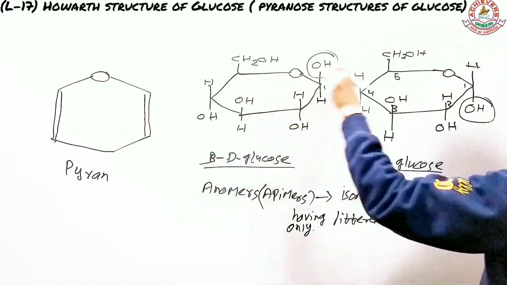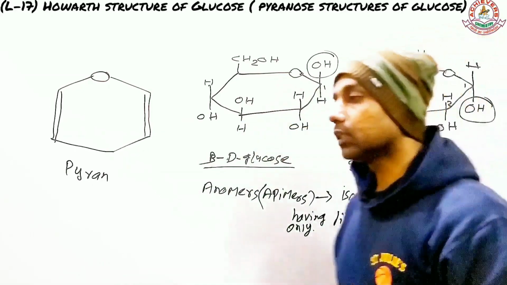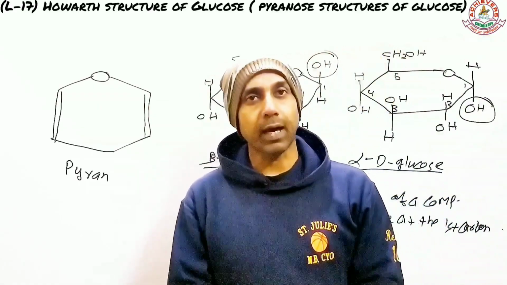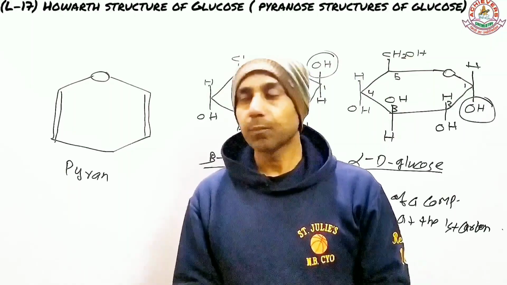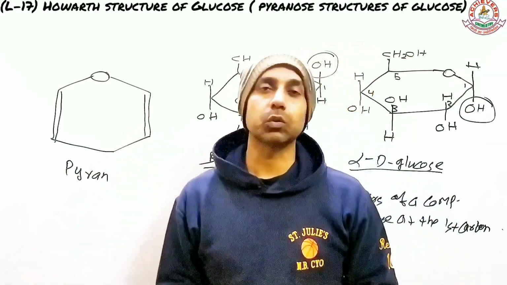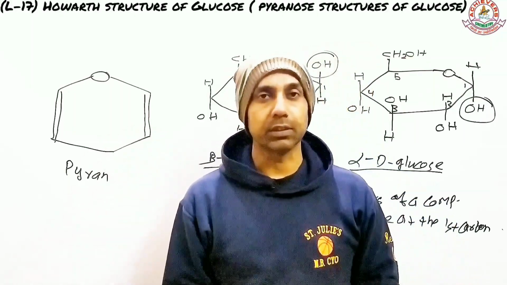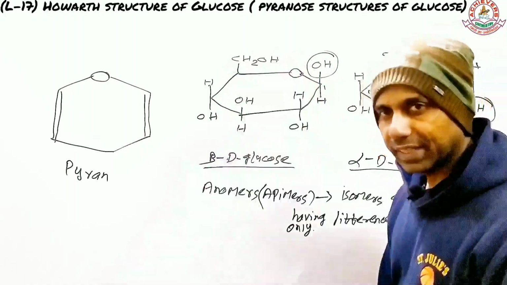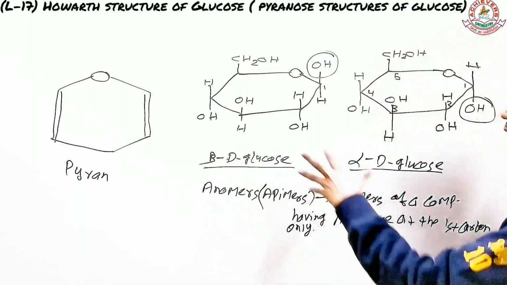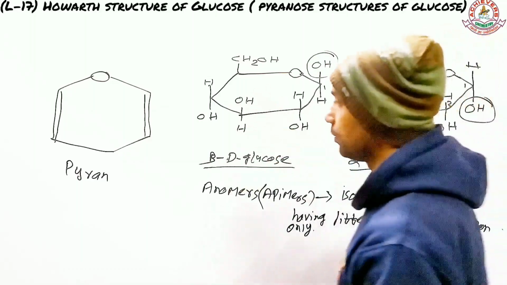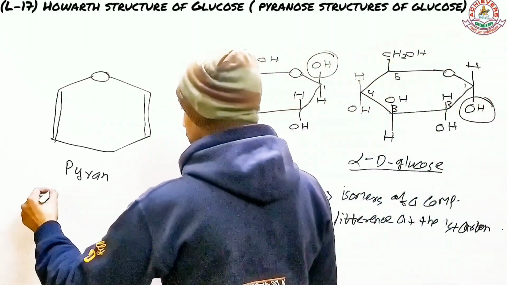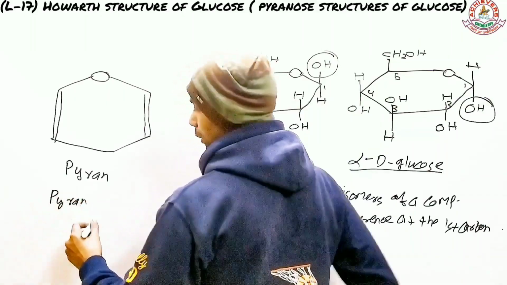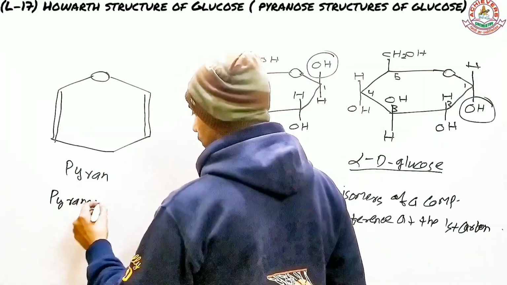The two cyclic hemiacetal structures of glucose are analogically similar to this pyran, so they are also called pyranose structures. Alpha and beta are called pyranose structures, right? Let me write what these three structures have in common: pyranose structure. Just pay attention, this is again something important.